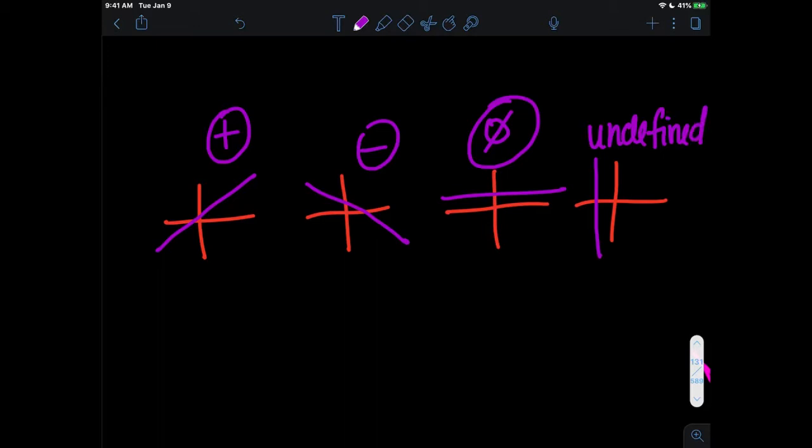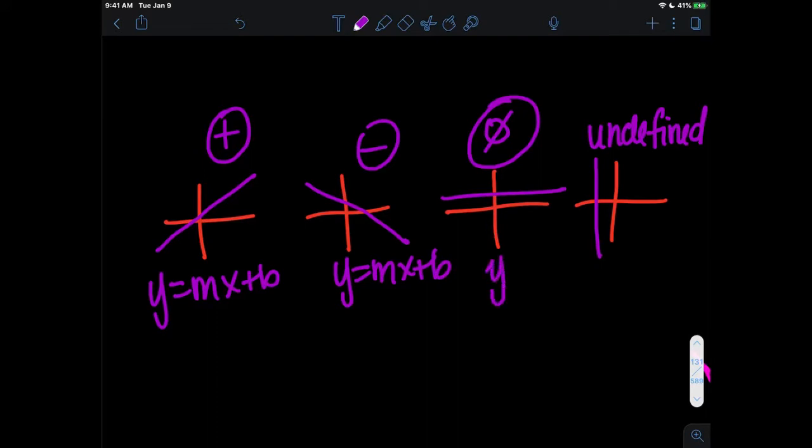Okay? Positive slope, y equals mx plus b. Negative slope, y equals mx plus b. 0 slope, y equals b. Also written as y equals 0 times x plus b. Undefined, x equals a number. Okay, so 4 different kinds of slope, pretty simple.